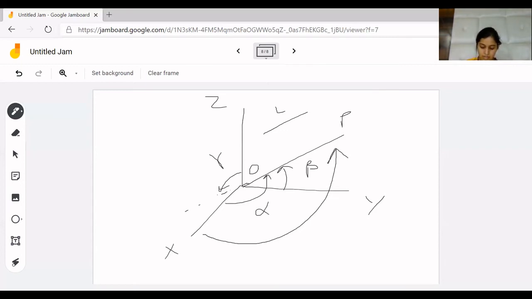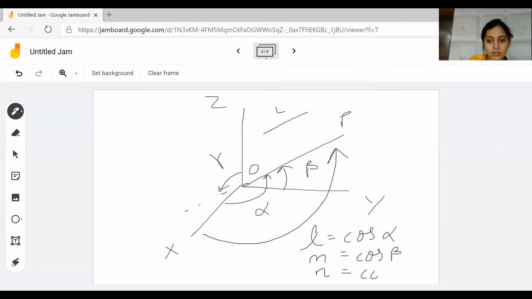These angles are called the direction angles of the line L, and the cosines of these angles, cos alpha, cos beta, and cos gamma, are called the direction cosines of the line L. They are denoted by l, m, and n. So l is equal to cos alpha, m is equal to cos beta, and n is equal to cos gamma.